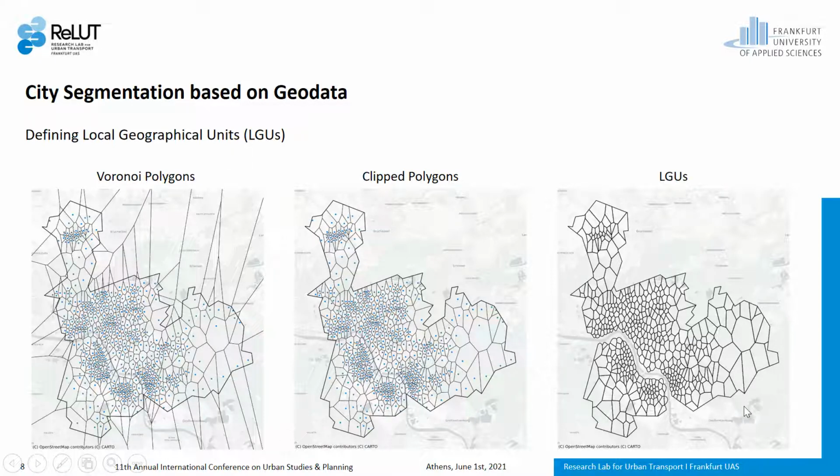The advantage of this method is that dense areas are smaller and sparse areas are bigger. If we had divided the city into LGUs with equal areas, we would have ended up with a sparse dataset in which many LGUs would have had zero or too few POIs.